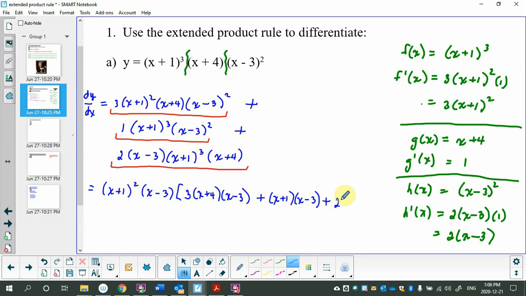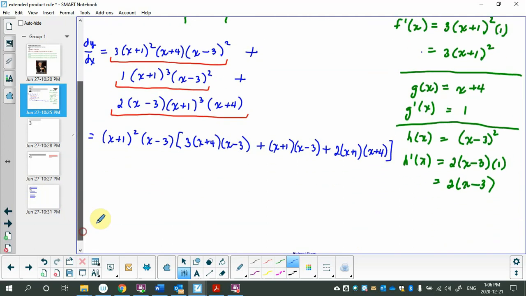My x plus 1 brackets I'll need 1 of. And I need the x plus 4 bracket. Just barely fitting that in. Am I ever glad I color code? So, I'll have x plus 1 squared, x minus 3 not squared, bracket.